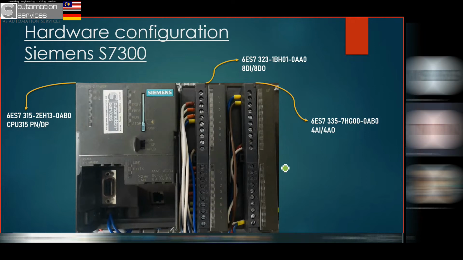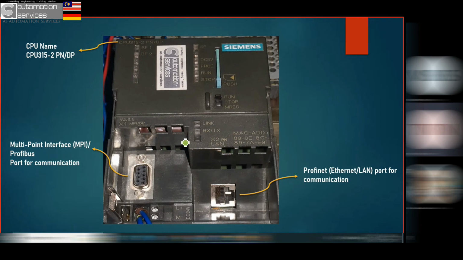You can see I have a CPU and two I/O cards. I just want to go through the CPUs here. This is the part number, everything. What I want to show you clearly is here.